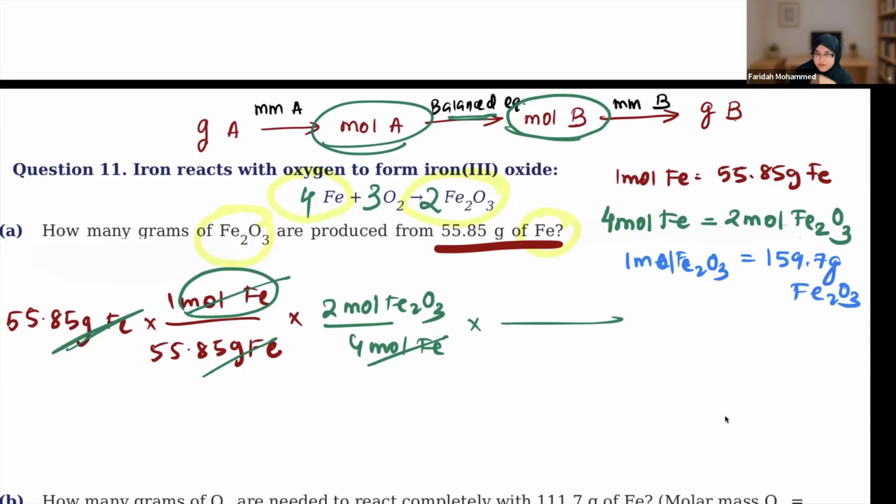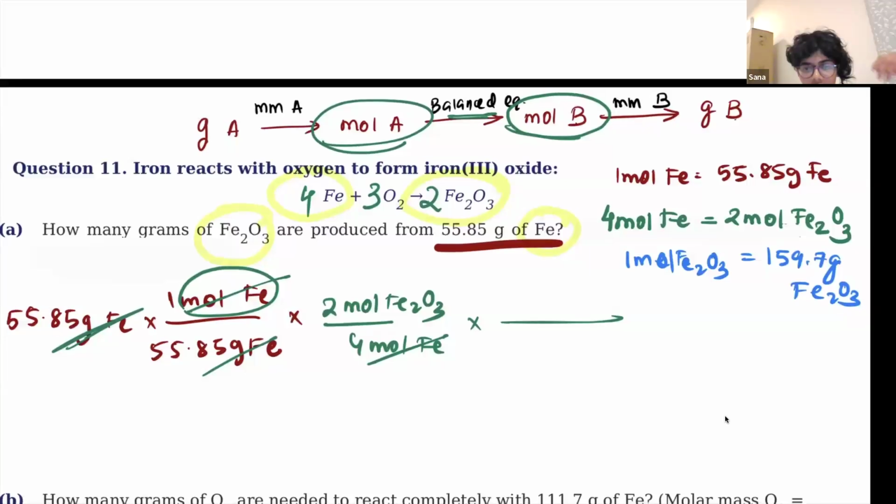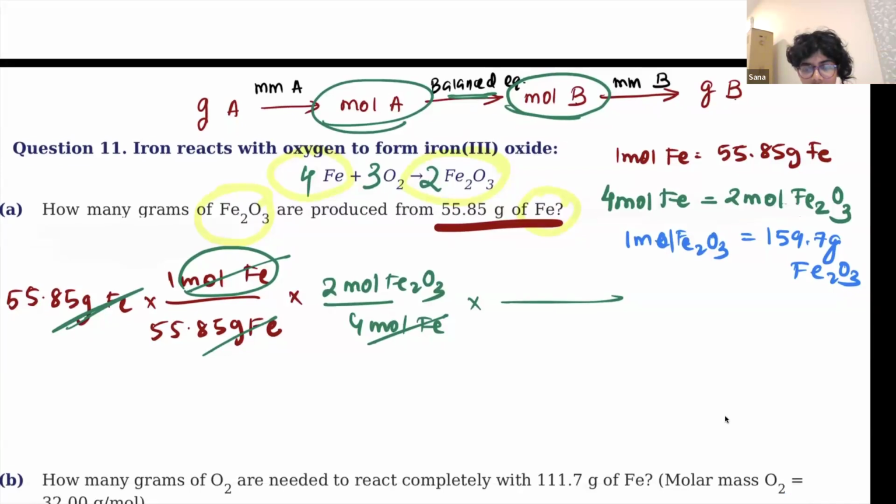Okay. Now what goes on the top? What goes on the bottom? We want grams on the top so that the moles cancel out. So we have 159.7 grams of Fe2O3 on top and 1 mole of Fe2O3 on the bottom.